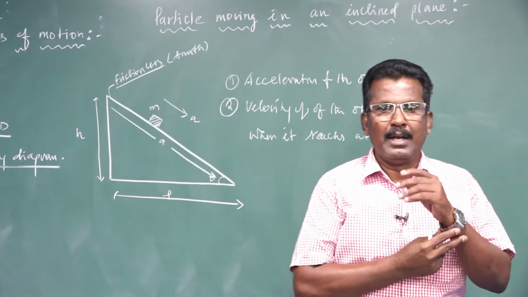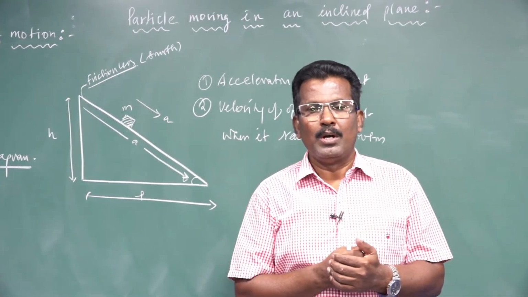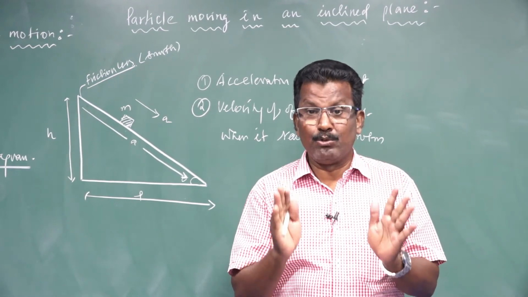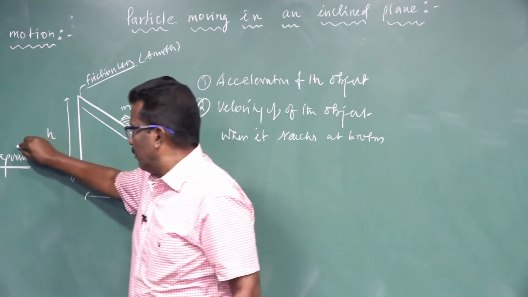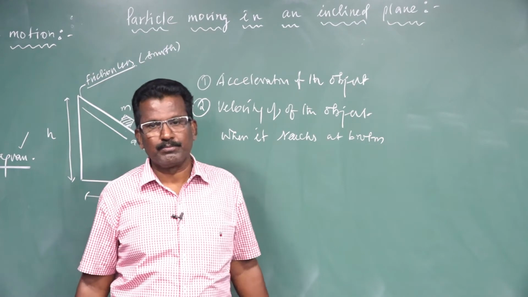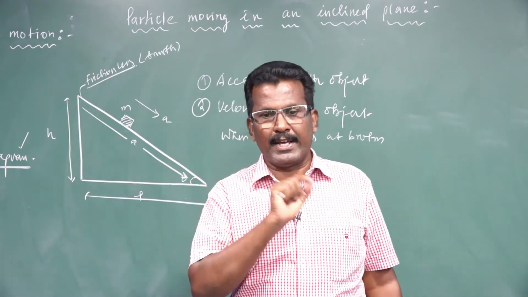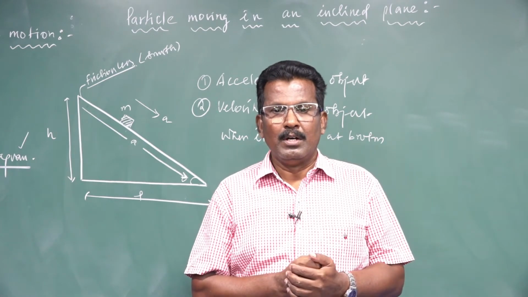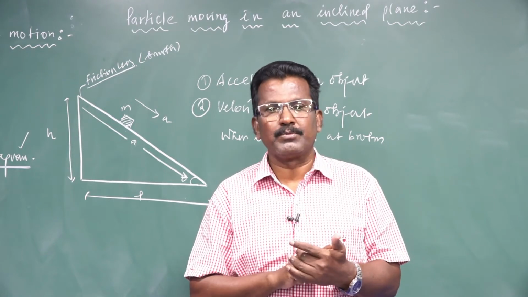FBD is a simple tool, one of the tools to analyze the motion of any object by using Newton's laws. By using the FBD, now we are going to deal with these two things. If you want to use the free body diagram, we have to analyze two important things.